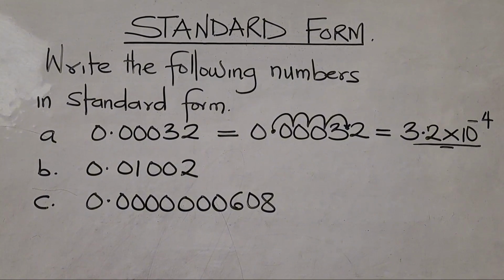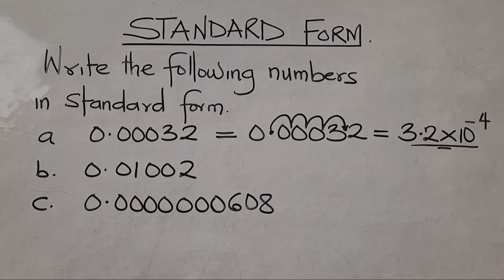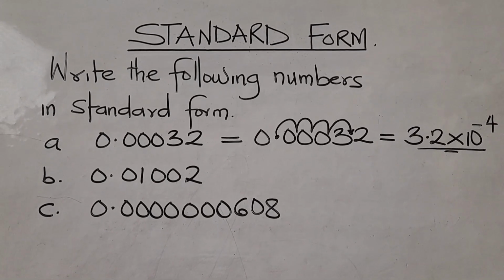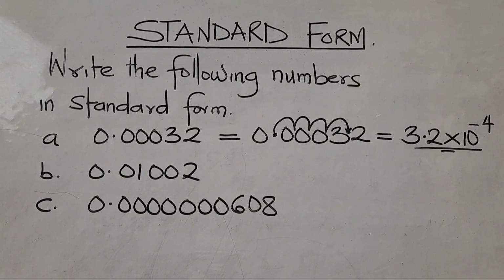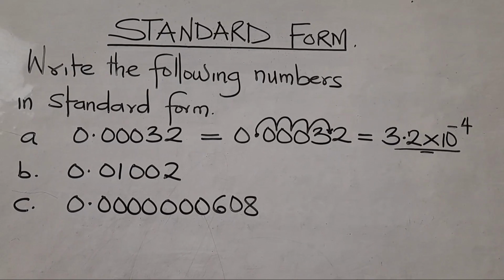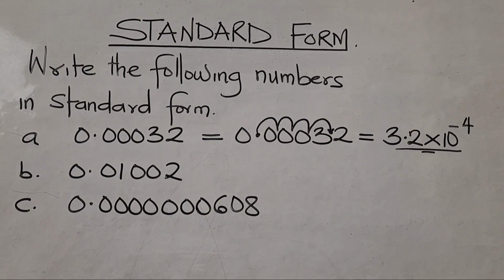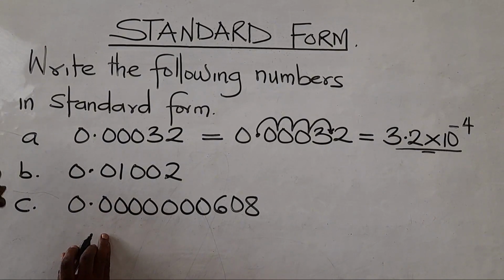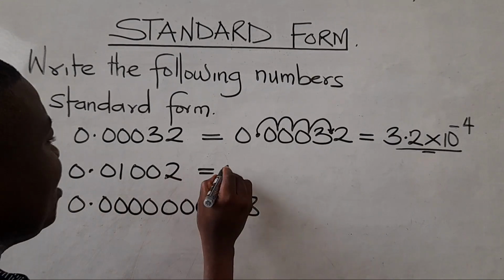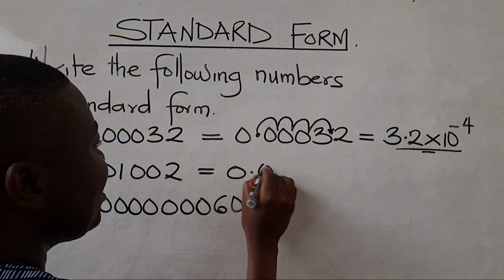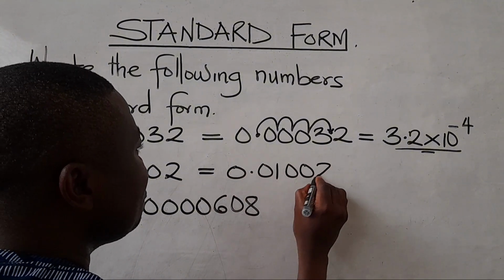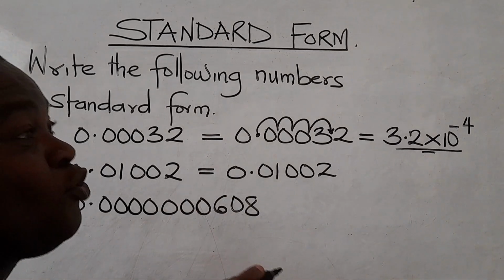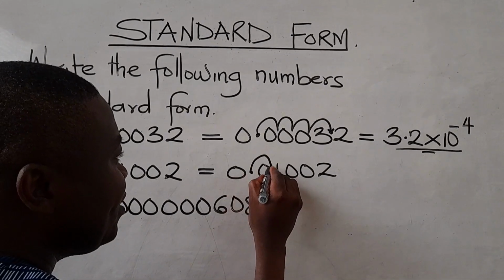Let's also see another one. What if we have something like 0.01002? This is where the point is. We want to drive it to the first non-zero number. Let's go, 1, 2.